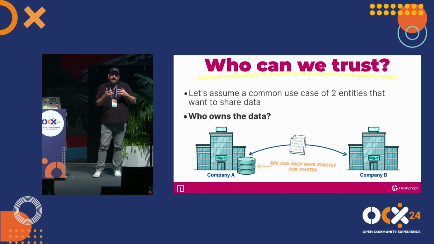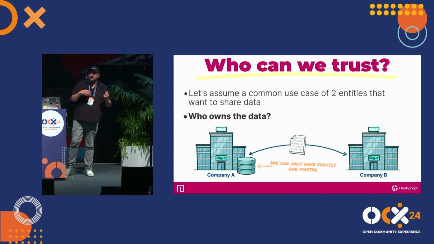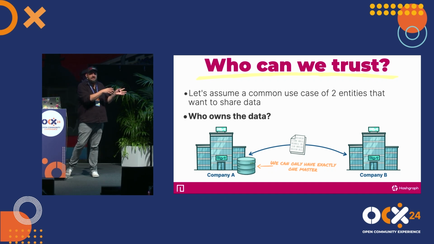If you do not define which one is the master, like the owner, you have a big problem, because then your whole data set is broken and useless. So what you need to do is define an owner. Coming back to the scenario of the two banks, maybe as a bank, you don't want to say, oh yeah, there's another bank in another country of the world, and that owns part of our money.